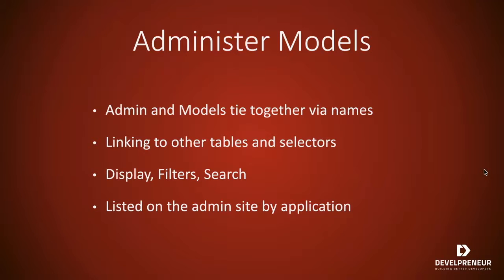You may ask where that would be useful. Well, definitely it would be useful in lookup tables. If you want a quick way to, for example, let's say you've got a table that's got a list of state names, and you want to be able to quickly edit data in that, or maybe, depending on what your application is, you've got account types or user types or phone types, address types.